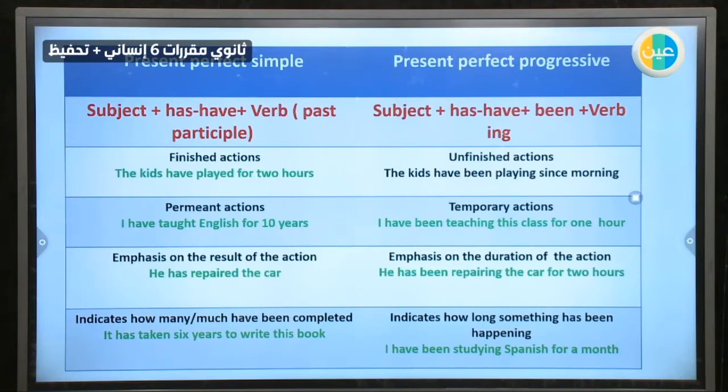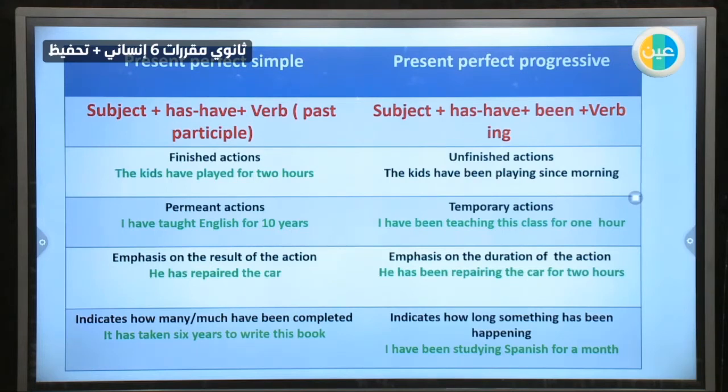What if the action didn't finish yet? Unfinished action. The kids have been playing since morning. It means they started playing in the morning and they didn't stop playing. So you will use the present perfect progressive.